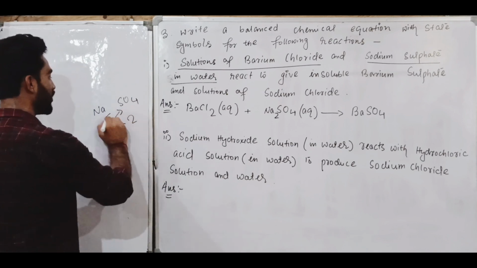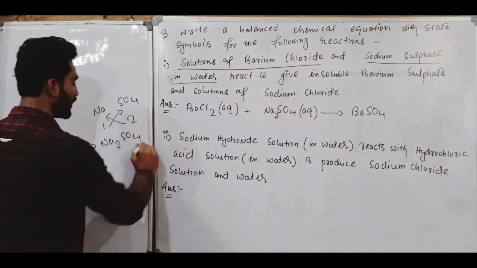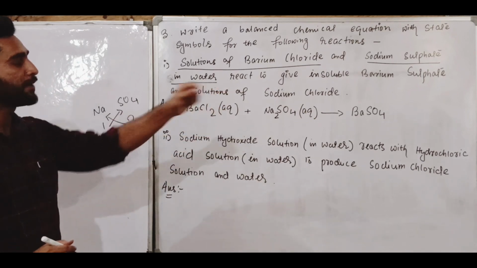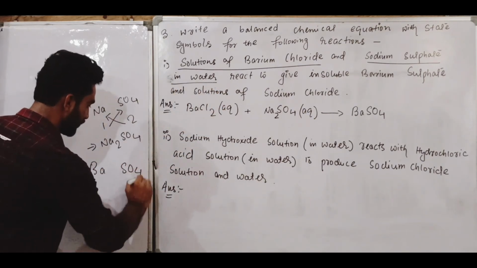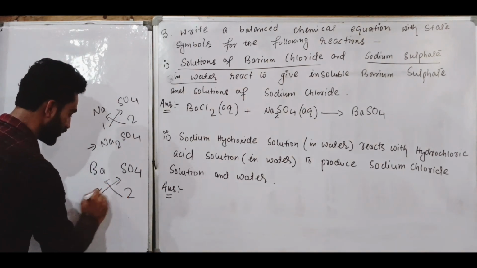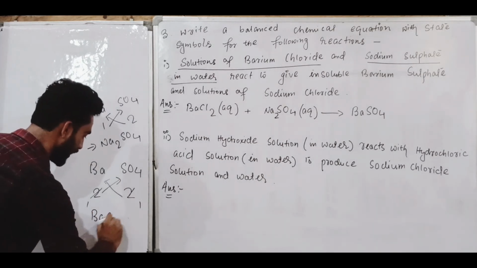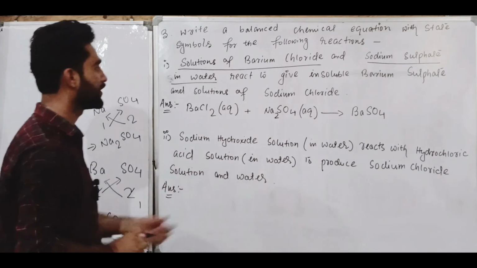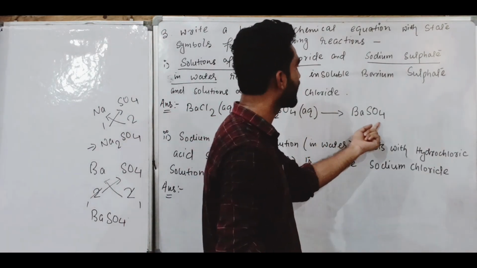So if we crisscross, the formula of the sodium sulfate will be Na2SO4. Whereas barium sulfate is BaSO4. Why? Barium valency is 2, sulfate valency 2. So we can simplify this one. So the formula will be BaSO4. That is why sodium sulfate is Na2SO4 whereas barium sulfate is BaSO4.